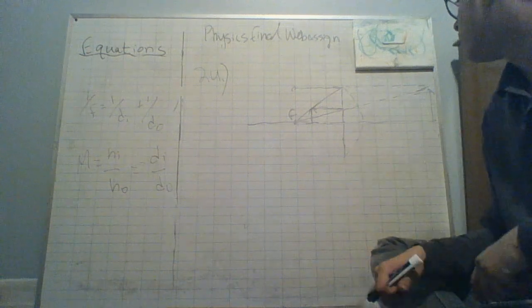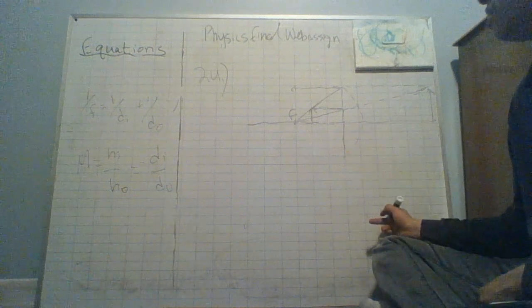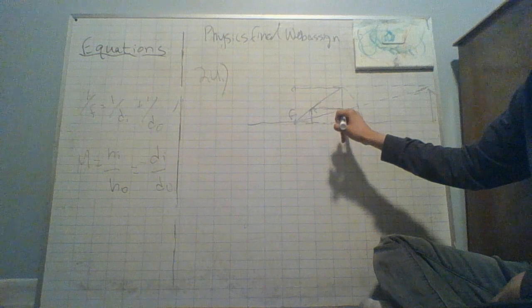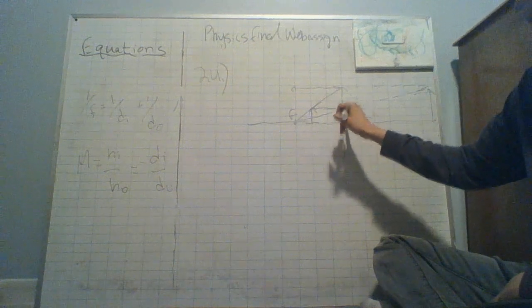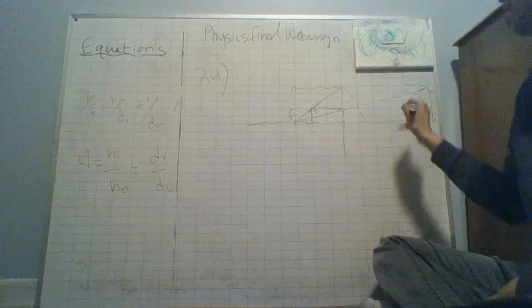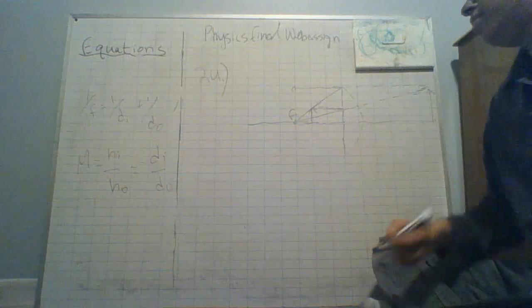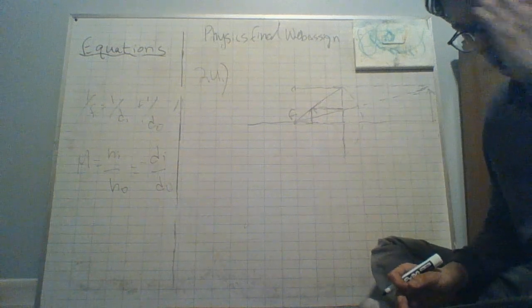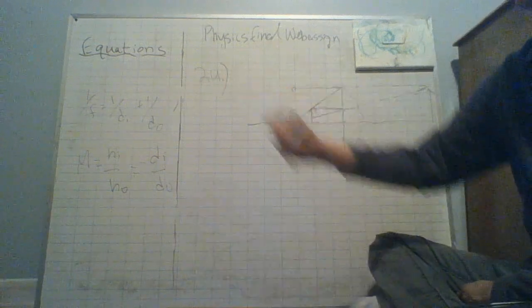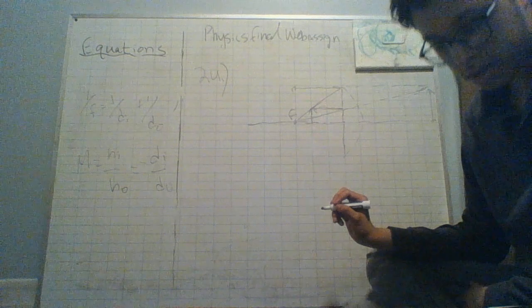So, if you want, you can draw it to scale, do this exact method, and you can measure from the points where you reflected it off from, to try to find the image distance that way. However, I prefer not to do that because there are equations, and I like equations.